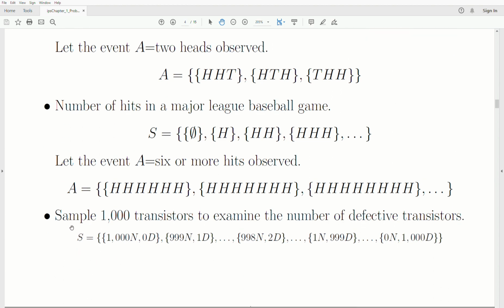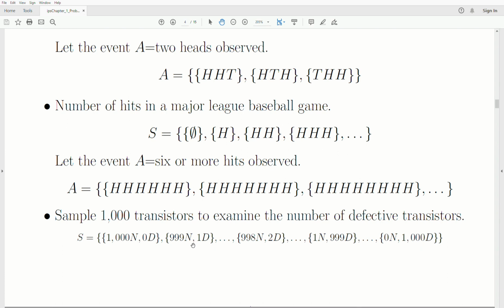Now, the next example, sample 1,000 transistors to examine the number of defective transistors. So the sample space here, and I kind of got lazy typing these, but I want to explain it to you. The first one contains 1,000 N's, which stands for not defective, and 0 D's, which would be defective.